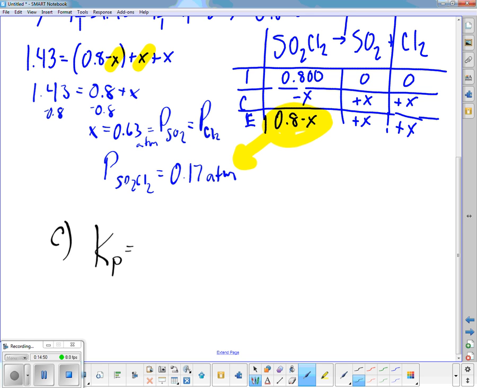So it would be products, which are SO2. Whoops, let me not do it that way. That's Kc. Pressure of SO2 times the pressure of Cl2 divided by the pressure of SO2Cl2. And then just plug and chug. See if you can get the answer.